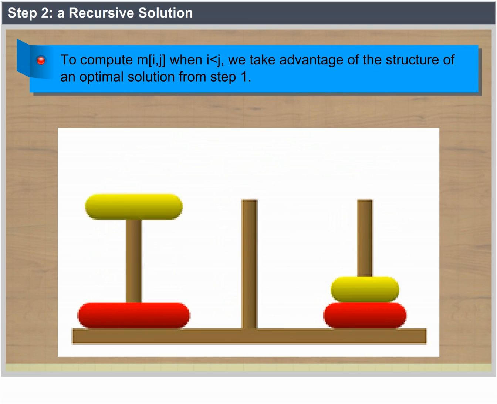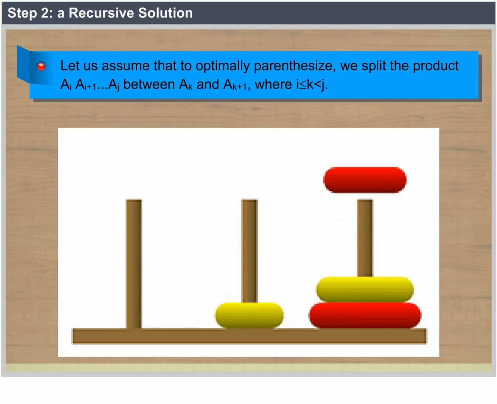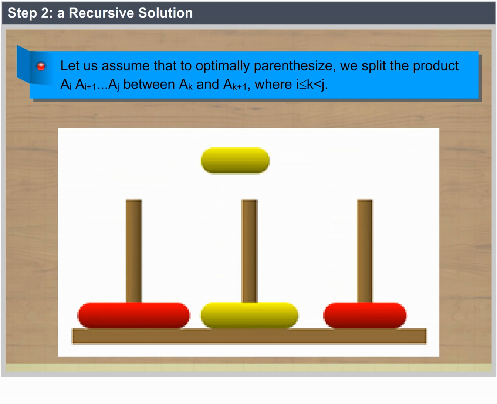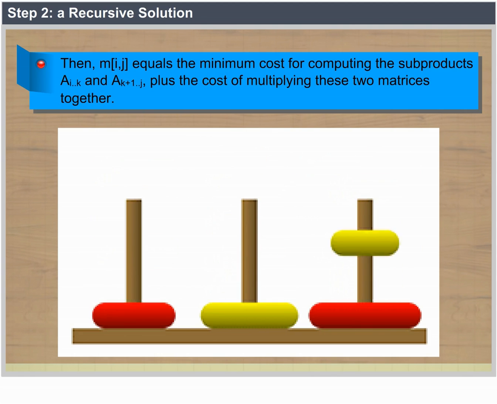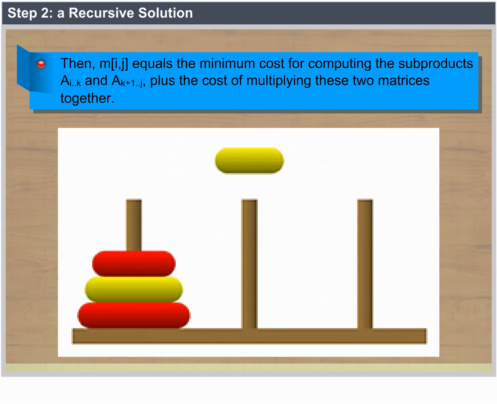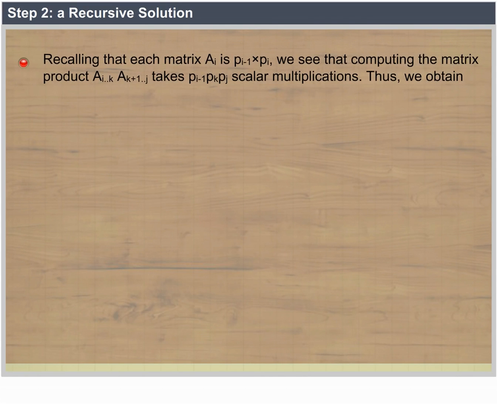Let us assume that to optimally parenthesize, we split the product A_i up to A_j between A_k and A_{k+1}, where i ≤ k < j. Then m[i,j] equals the minimum cost for computing the subproducts A_{i..k} and A_{k+1..j} plus the cost of multiplying these two matrices together. Recalling that each matrix A_i is p_{i-1} by p_i, we see that multiplying the matrix products A_{i..k} and A_{k+1..j} takes p_{i-1} p_k p_j scalar multiplications. Thus, we obtain the equation shown here.